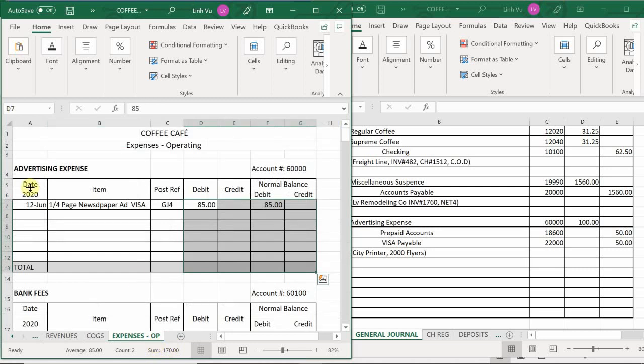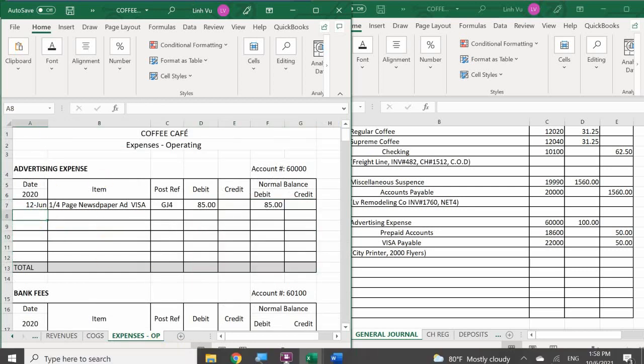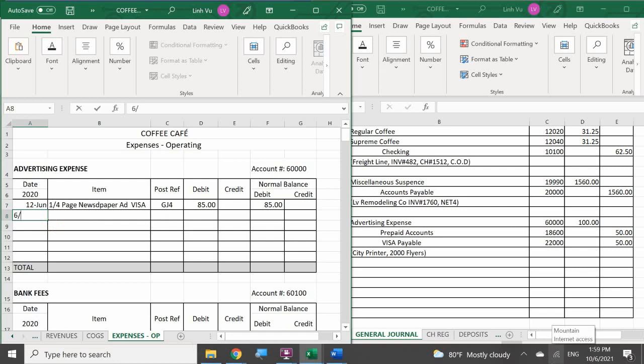Okay, so here we are, operating expenses, advertising. We didn't buy any prepaid account before. 2,000 flyers. Do you want to put anything else?